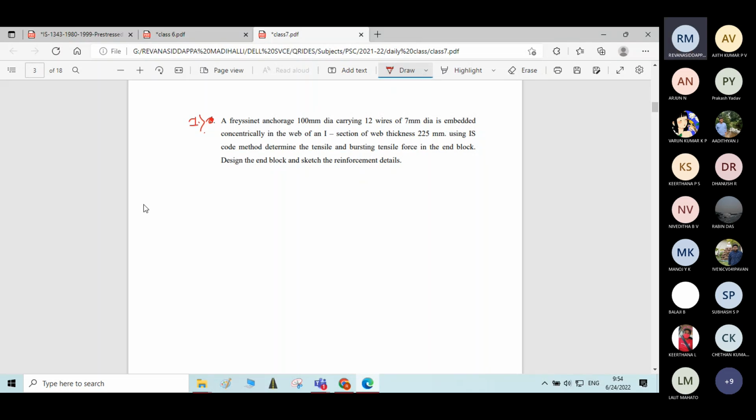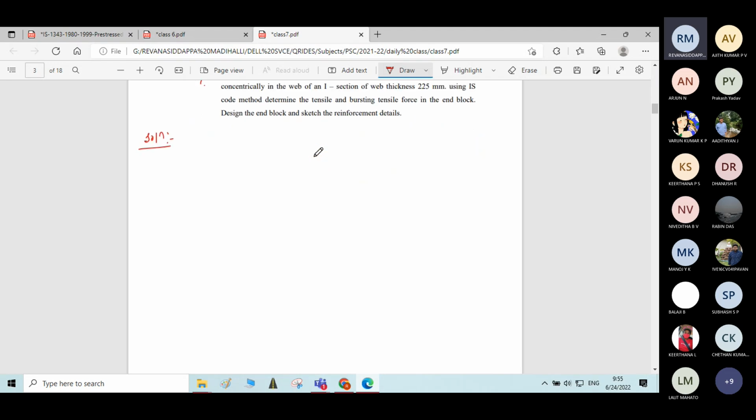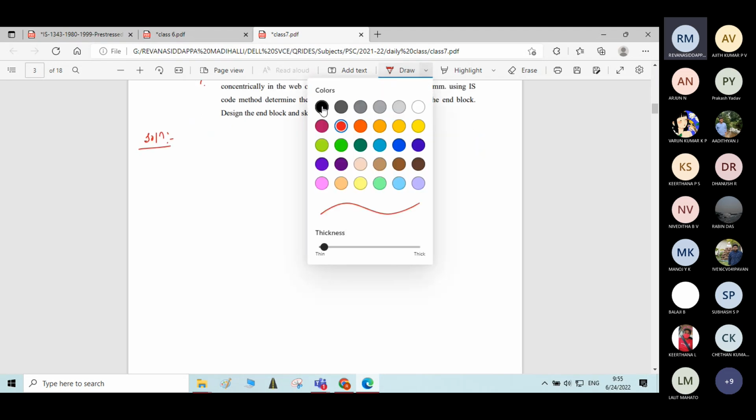problem given solution. He says that it is an I section. Okay, it is an I section. Let me write the diagram of an I section.